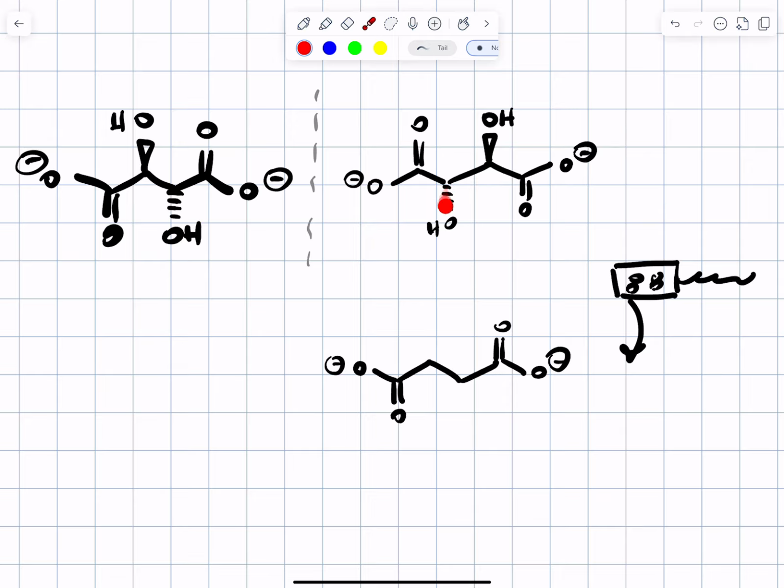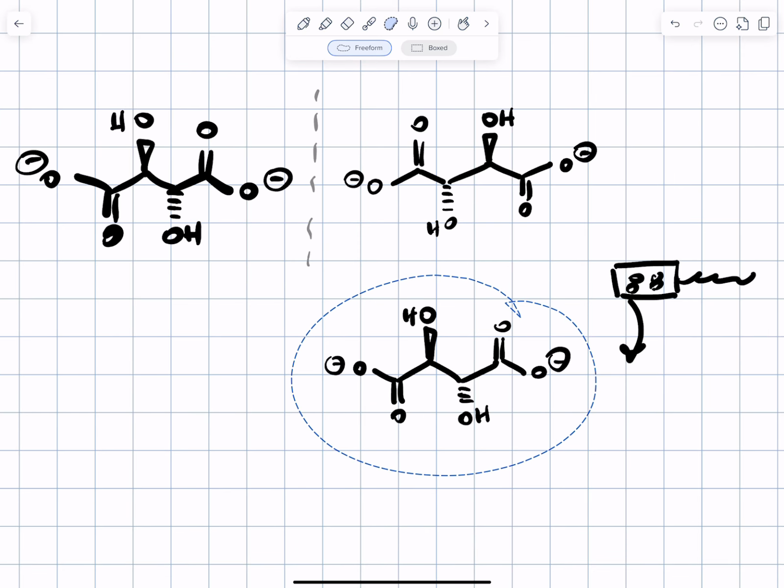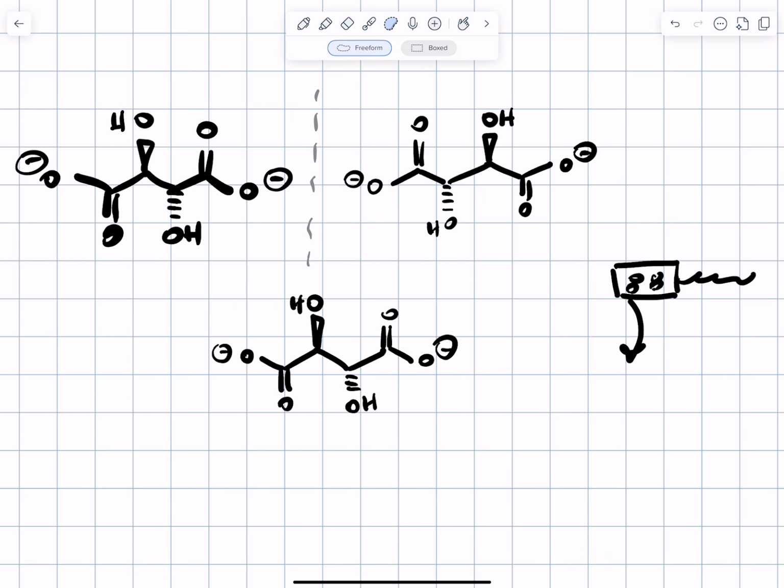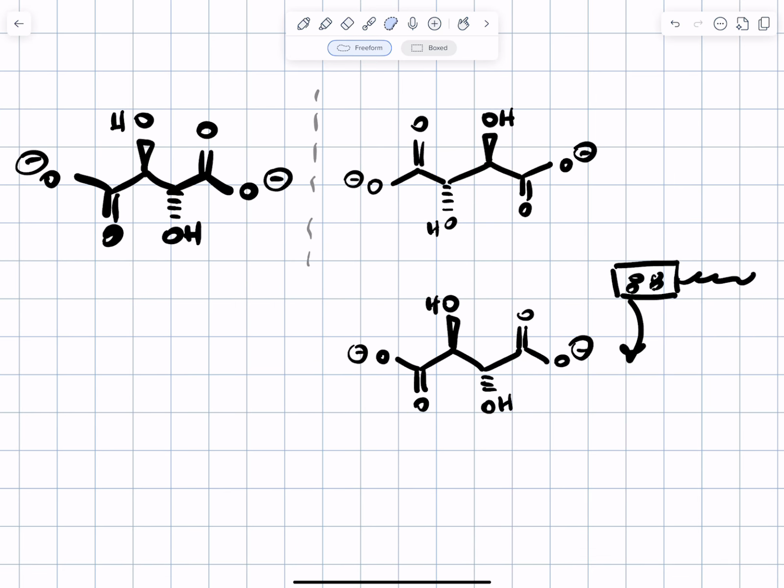This OH group, since we flipped it over, should now be a wedge. And this OH group, since we flipped it over, should now be a dash. And you can see now that those are the same thing. Okay, so that's one way.